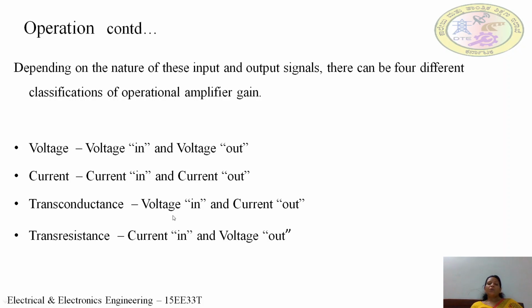So you would be converting voltage to current, that is the transconductance. Similarly, we have the operation of transresistance, where current is converted to voltage. So the operational amplifiers can also be used as voltage to current converters and current to voltage converters as well.